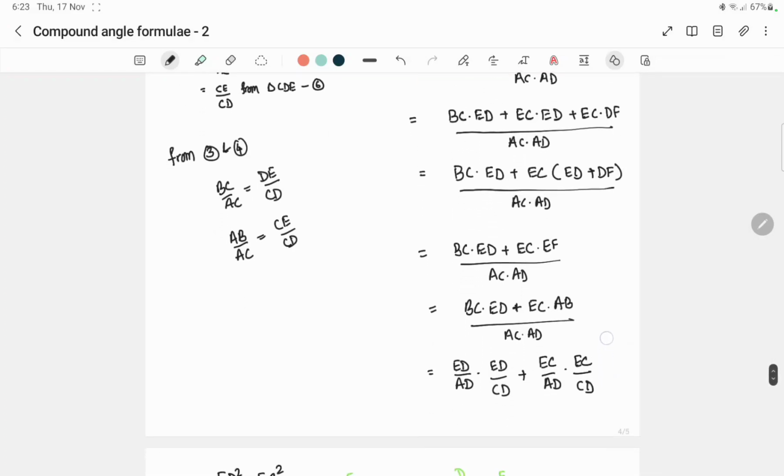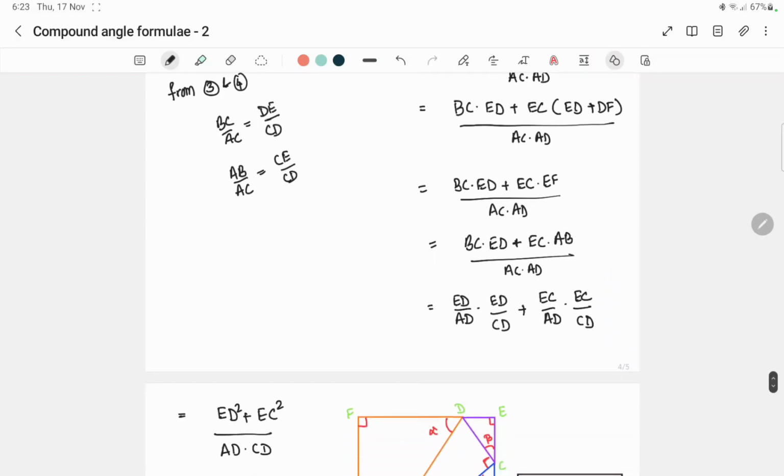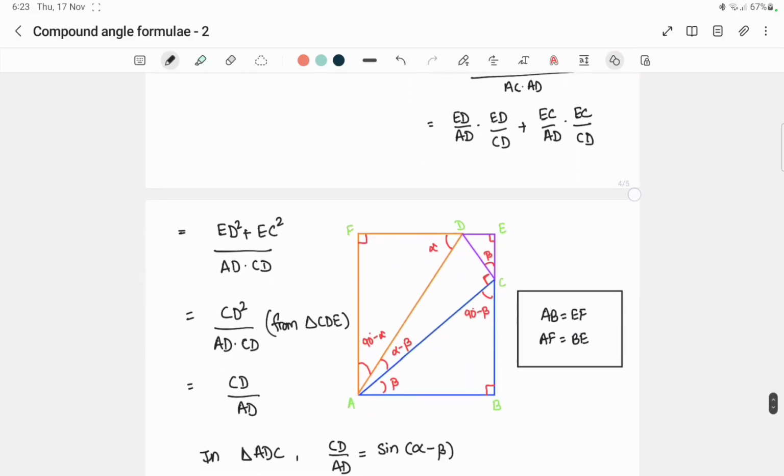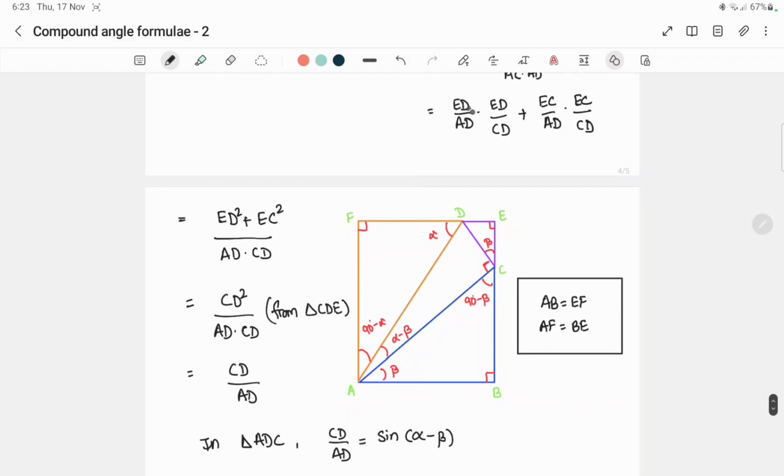Now what does this bring us? This brings us to something magnificent. See, we have ED into ED, ED squared, EC into EC, EC squared. ED squared plus EC squared in a right triangle is CD squared, right?